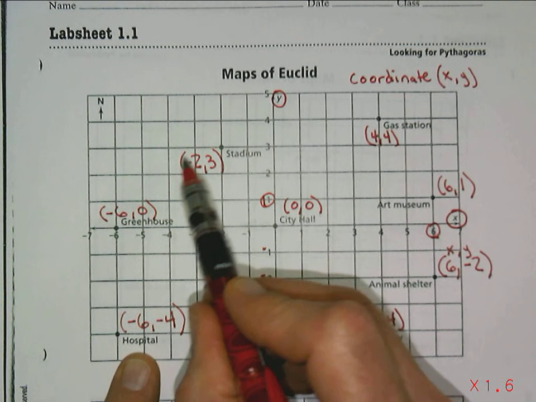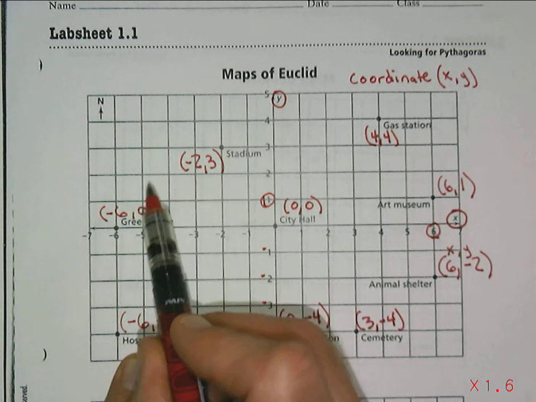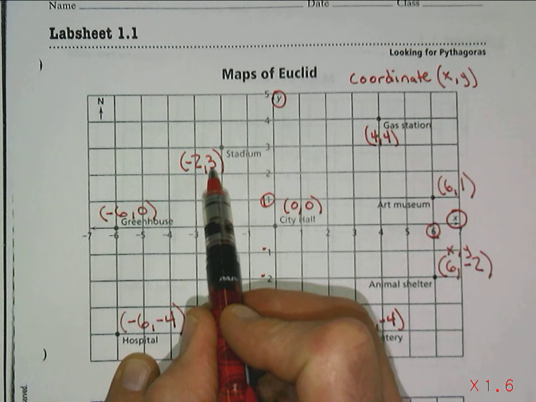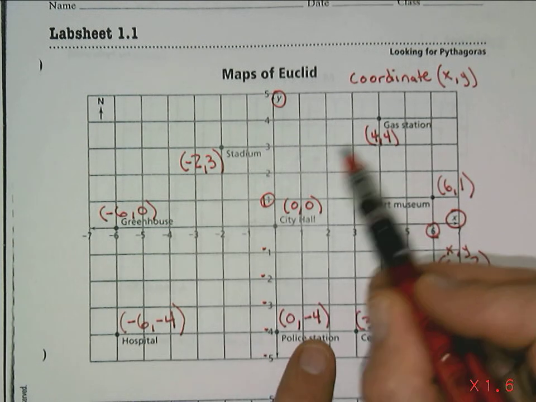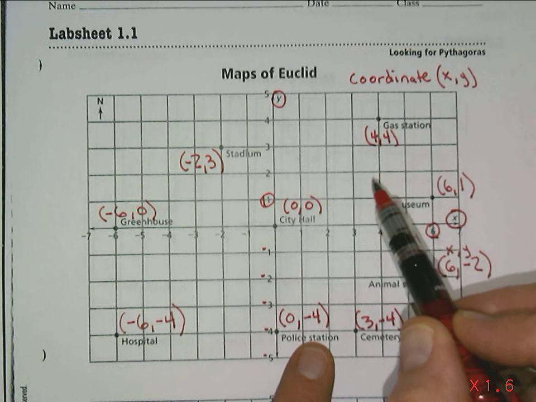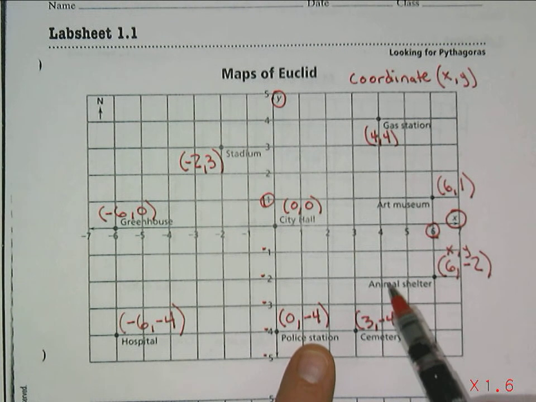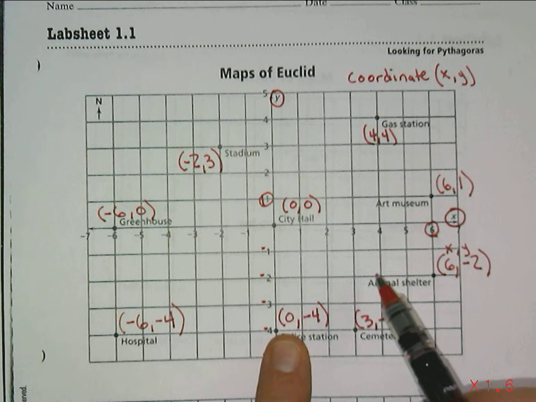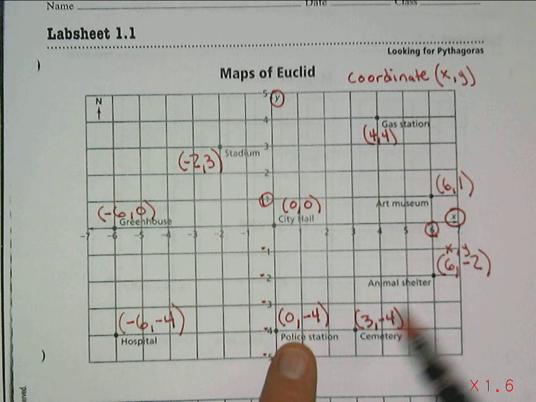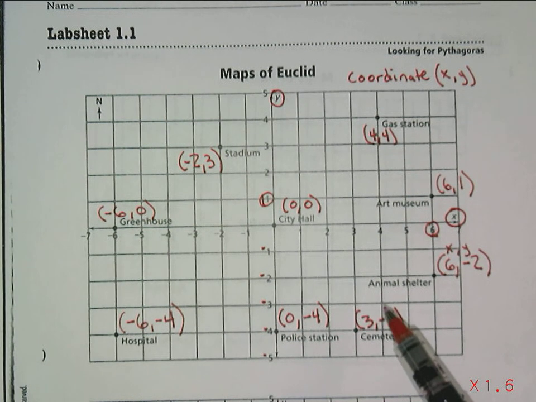Things that are in this area up here, the x is negative and the y is positive. In this quadrant, they're actually called quadrants, they're both positive, and in this quadrant down here we have a positive x and a negative y. And that comes into play later on when we start talking about the different regions of the coordinate plane and the types of coordinates you get with that.